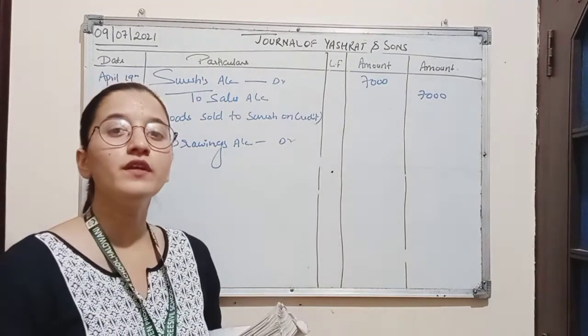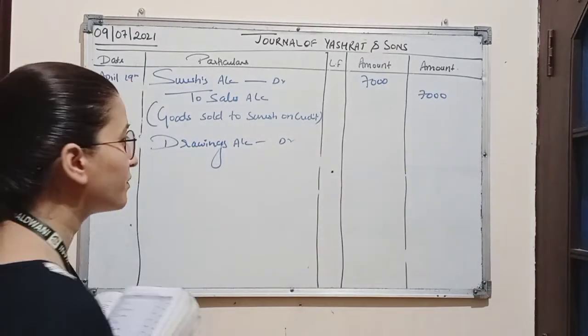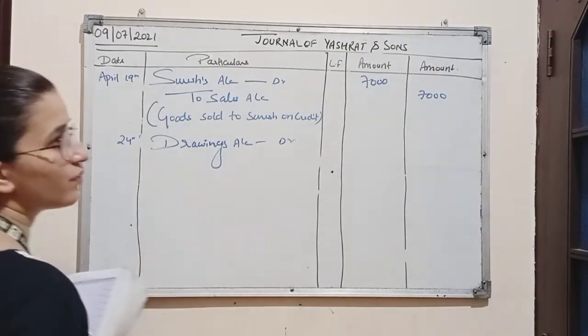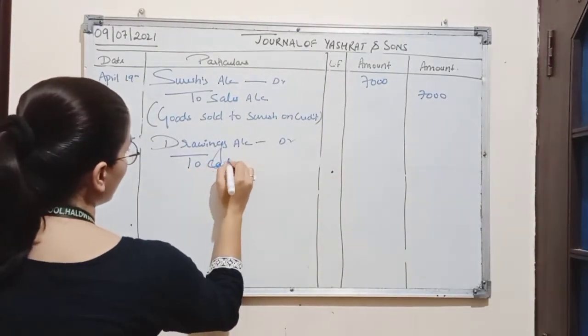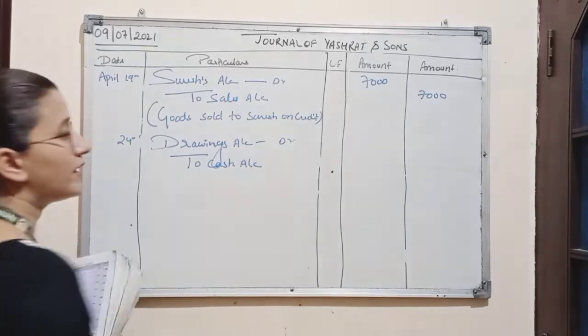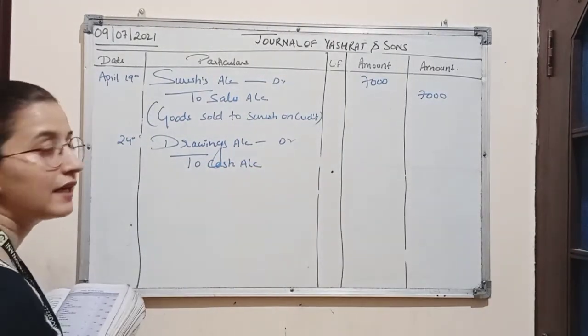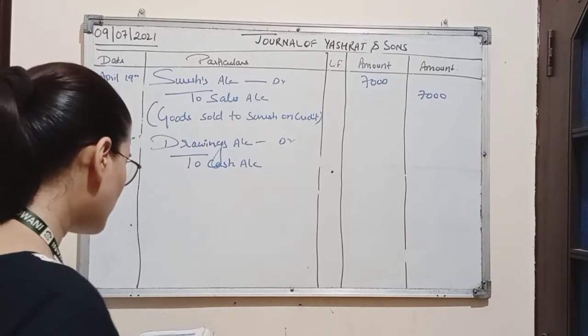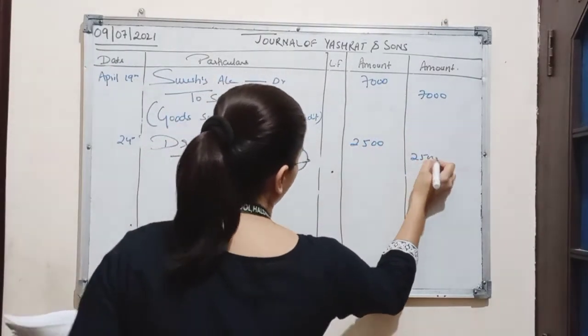Now, if the owner is withdrawing the cash, that means there is an outflow of cash from the business. Cash as a real account will be credited because the real account rule is debit what comes in, credit what goes out. So there is an outflow of cash, cash will be credited. And the amount is rupees 2500.